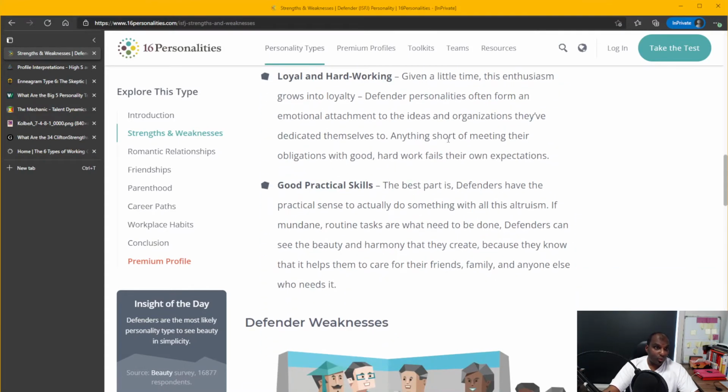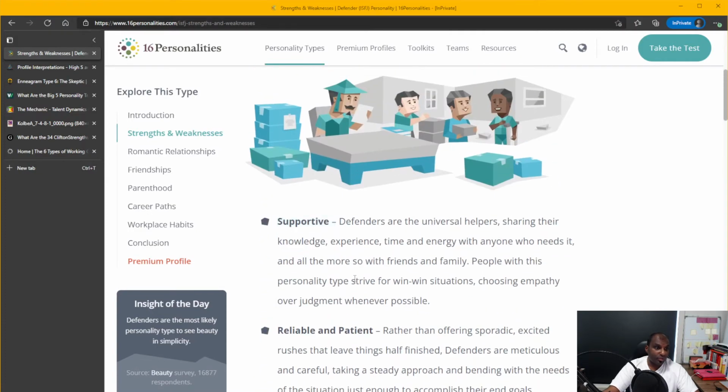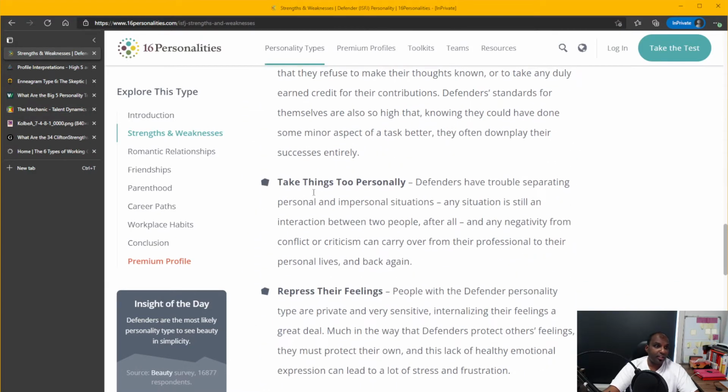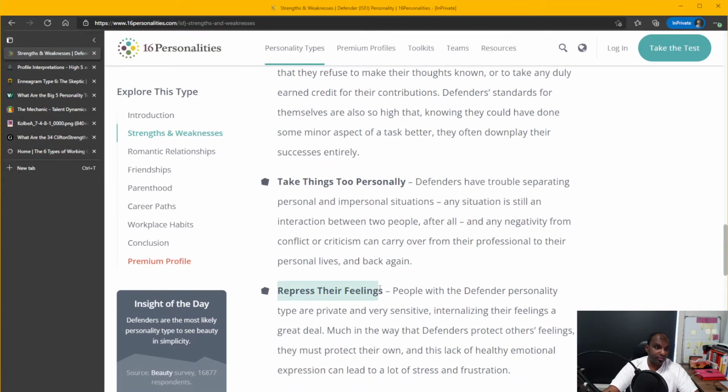So those are good things, but there are also downsides to them. When you're overly supportive, as you can see in the weaknesses, there's that tendency to repress feelings.